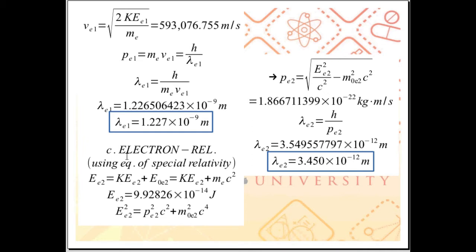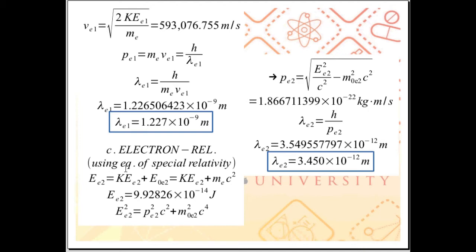For the relativistic electron, you need to go back to your special relativity. So please consider that as a reading assignment. Please review, at the very least, the basic equations of your special theory of relativity.